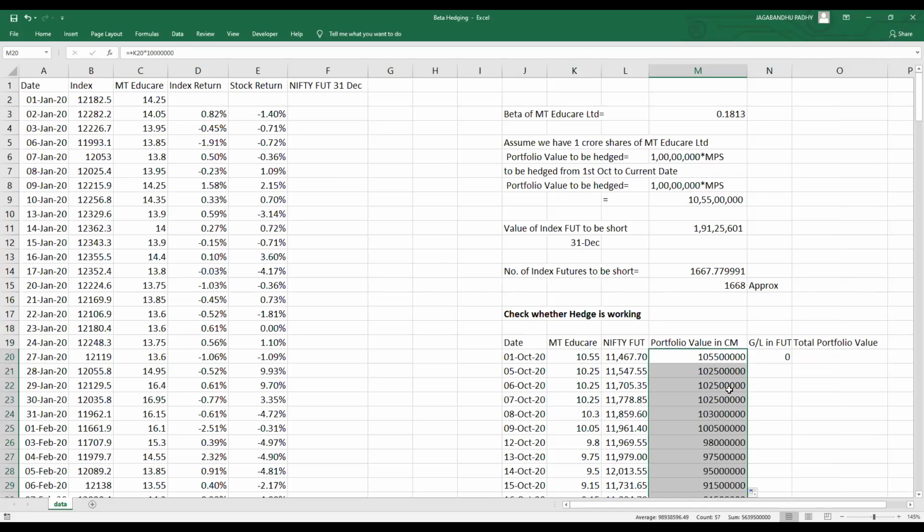Let me just drag it fully. Now, gain or loss in the futures market, how will I calculate that? If it is a gain, that should give me a positive figure. If it's a loss, that should give me a negative figure. How will I calculate that gain or loss below?